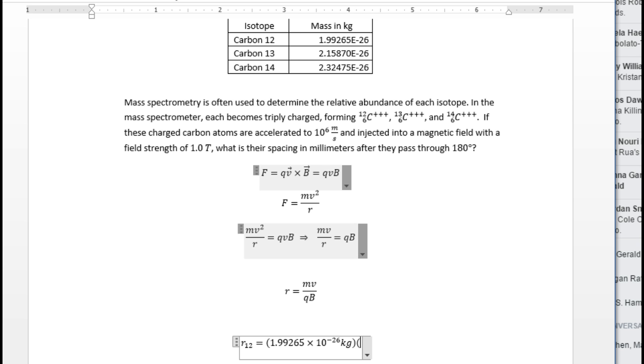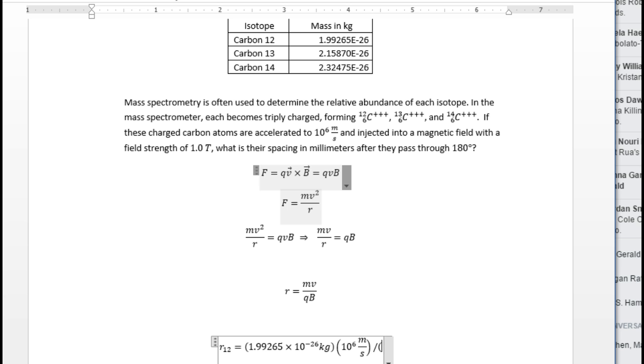The velocity, these are all going at 10 to the 6th meters per second, and we're going to divide by the charge.